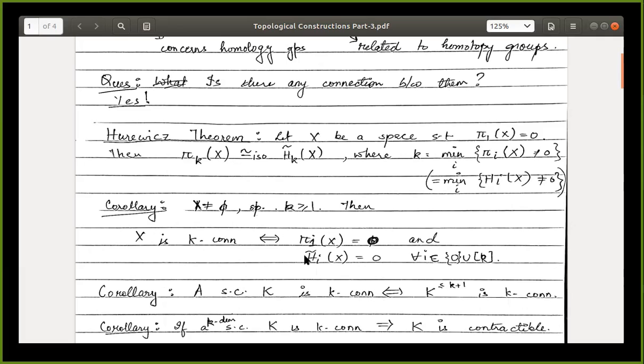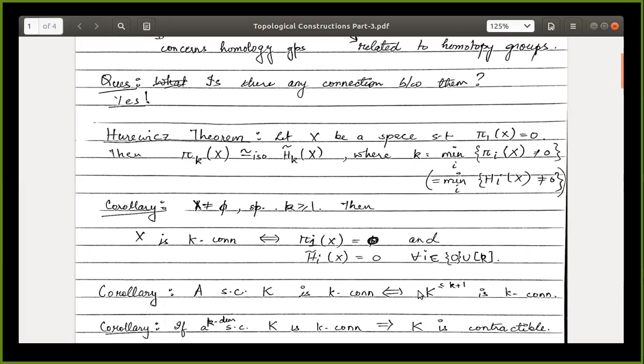Why? Because homology is always defined as a quotient of cycles by boundaries, right? So there you consider only chains in adjacent dimensions at any given k. For k-connectedness you have to see all the homology groups starting from 0 up to k, and for any i-dimensional homology group, you are looking at the boundary maps with dimensions i and i plus 1.